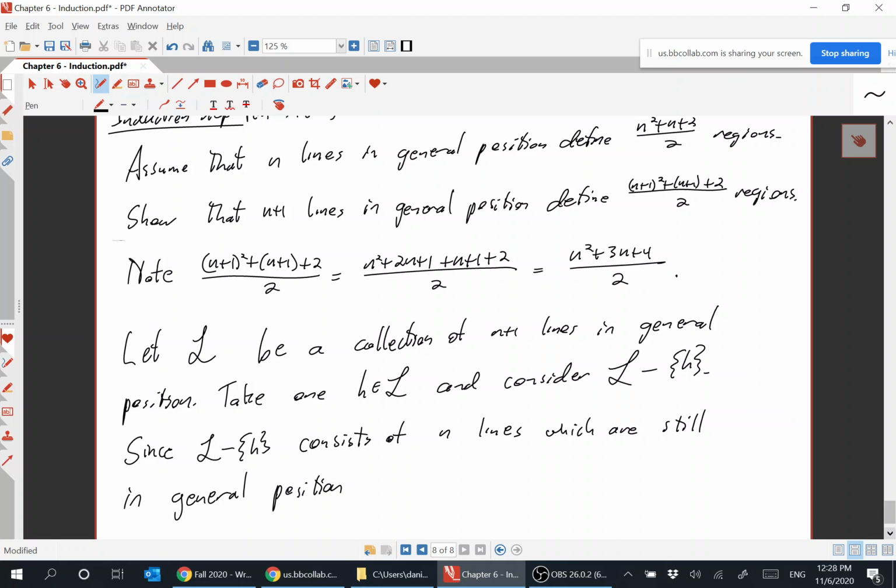Why? That's the assumption. What's that assumption called? The induction hypothesis. In induction proofs, the assumption has a fancy name. It's called the induction hypothesis.